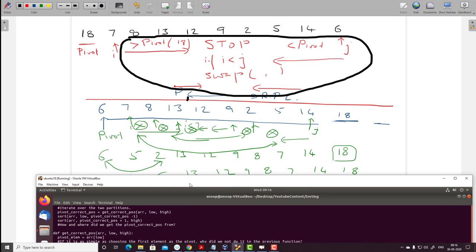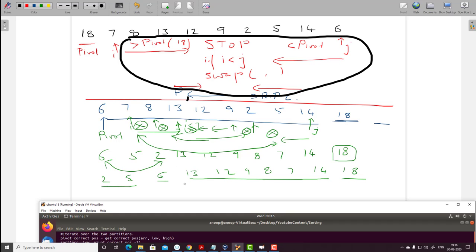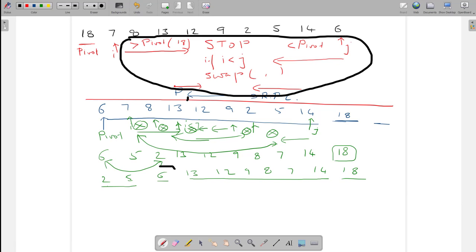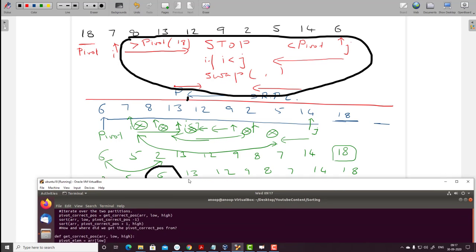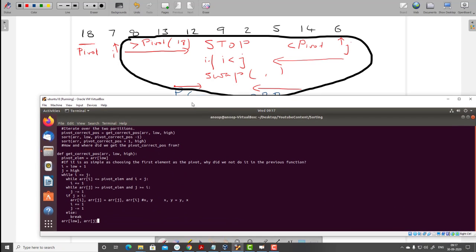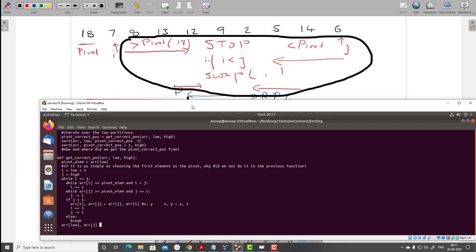Right, J went till 13, and then it crossed over at this point when it was at 6, isn't it? And now we are done. So this is a boundary condition.